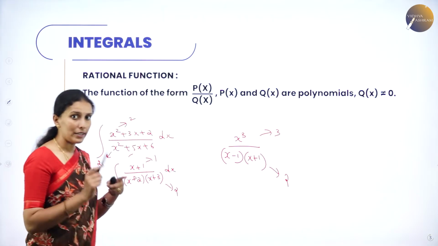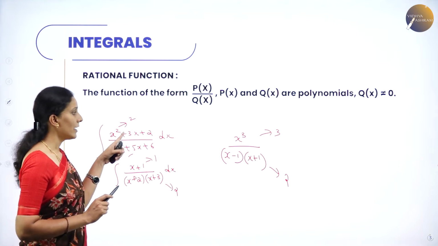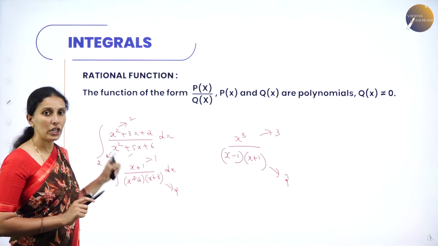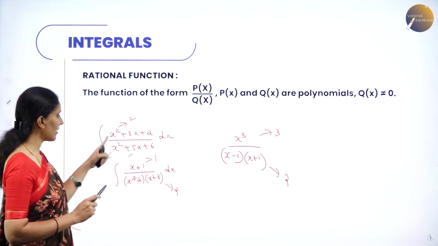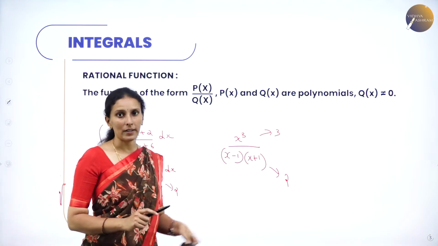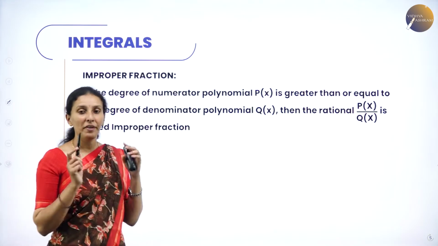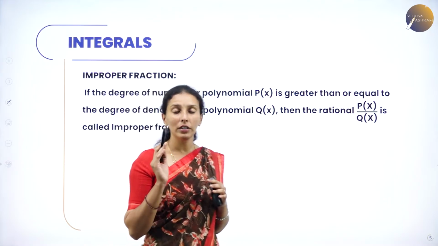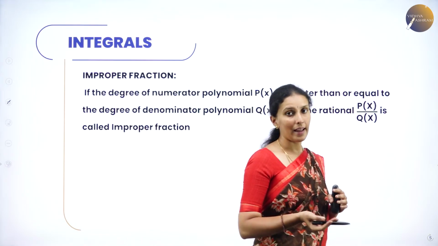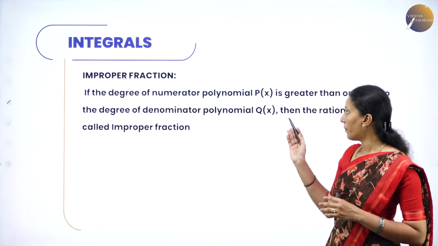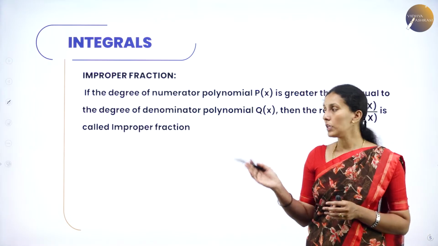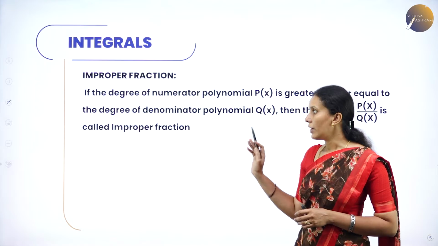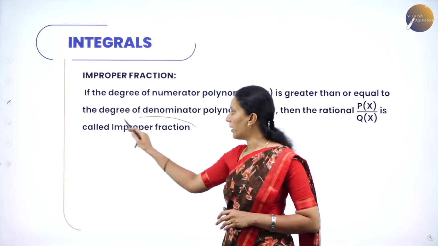So whenever the degree of the numerator is greater than or equal to the degree of the denominator, in the first case they are equal, in this case it is greater, then we call it an improper fraction.